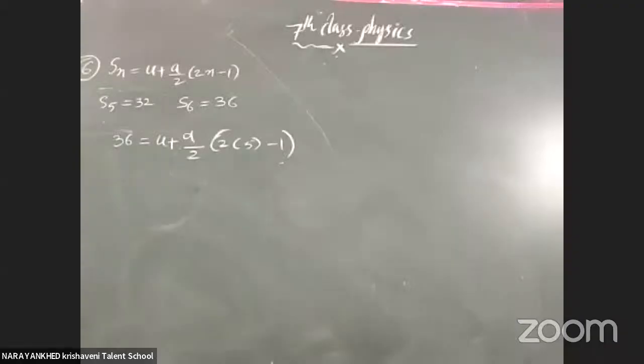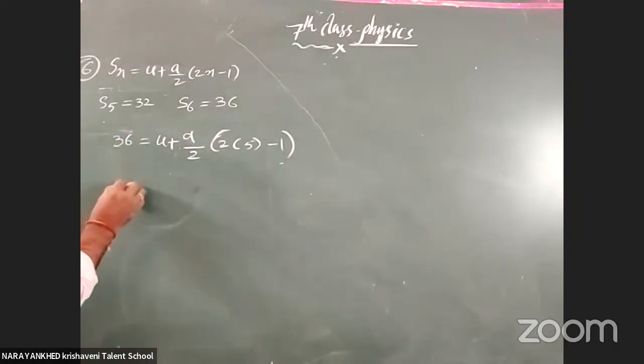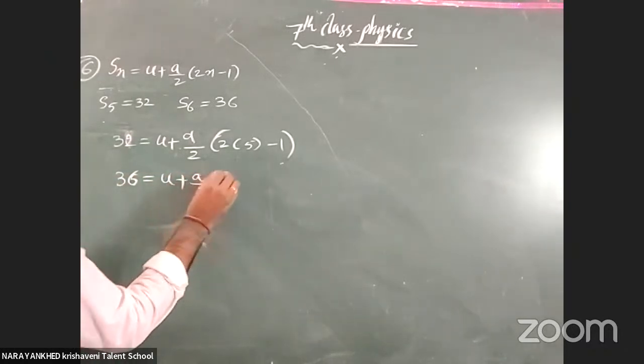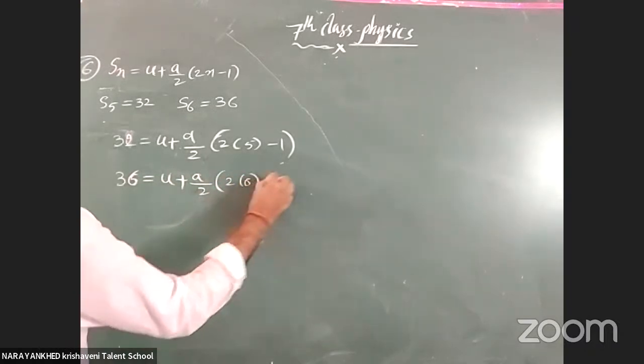Next, we consider 32, and 36 is equal to u plus a by 2 into 2 into 6 minus 1.